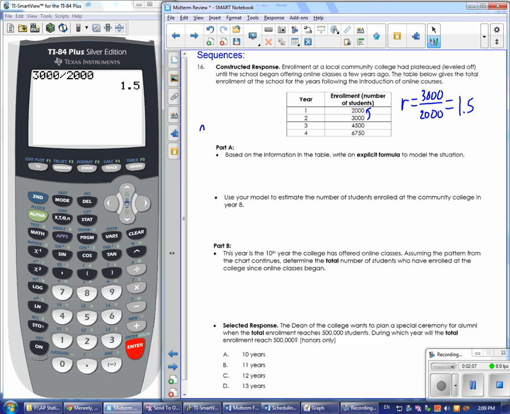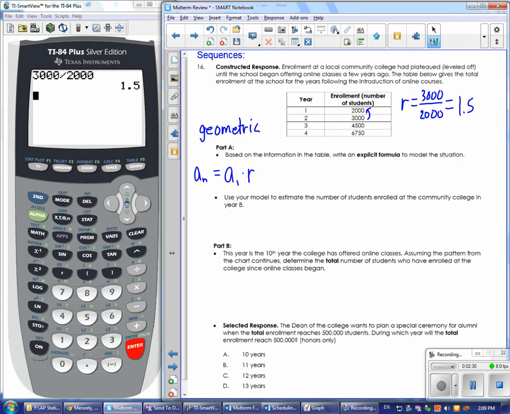If it's geometric, it's going to have that common ratio. And my formula is going to look like a sub n is equal to my first term, which we're just going to call in general a sub 1. With geometric, since I'm constantly multiplying by the same thing over and over again, I'm going to multiply by r.